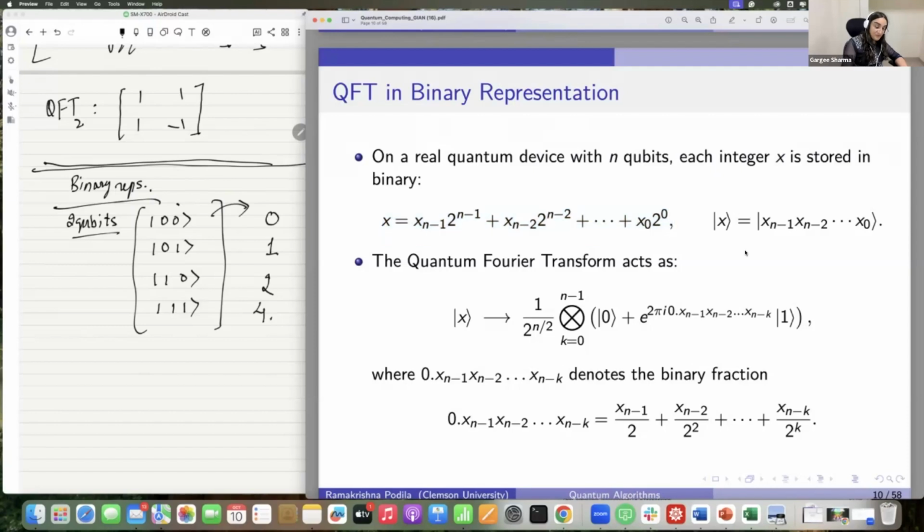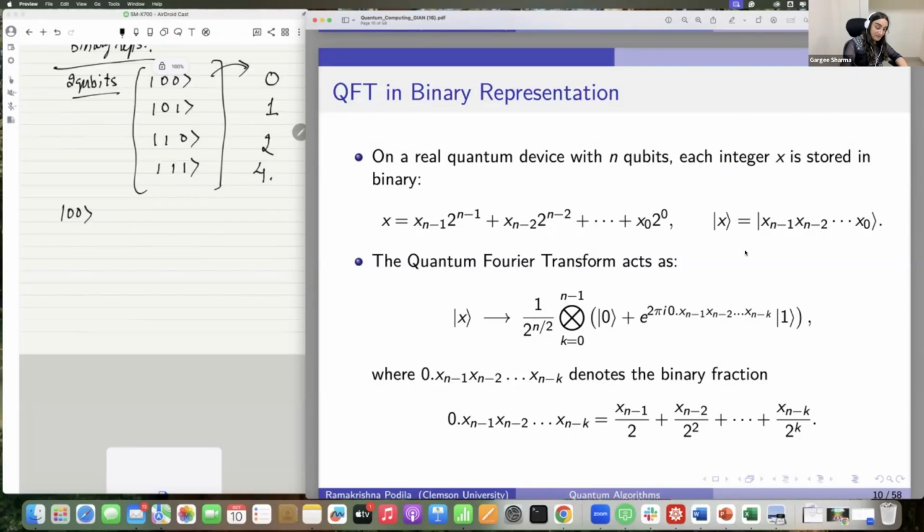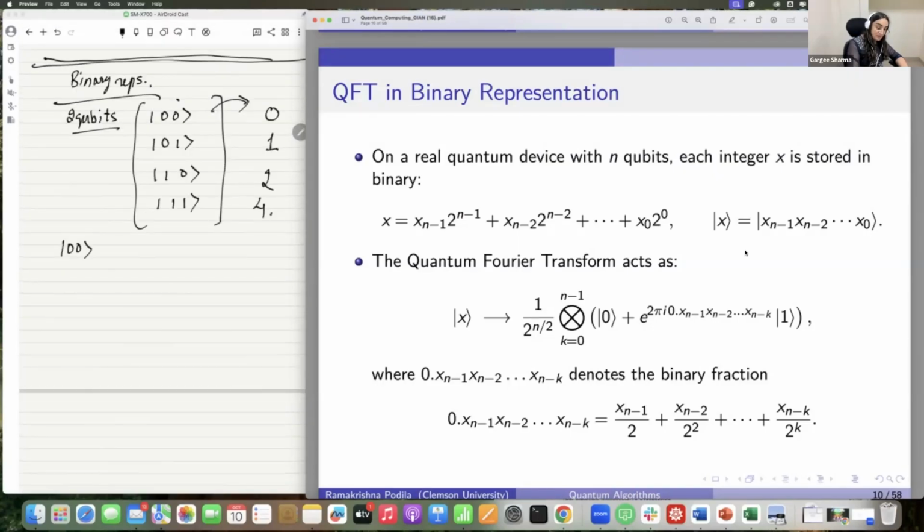So I can denote ket 00 by ket 0. I can denote ket 01 by ket 1. I can denote ket 10 by ket 2.